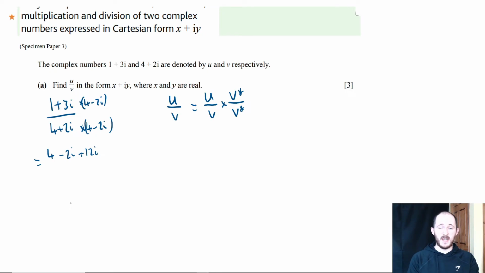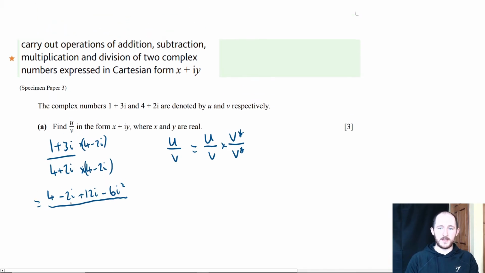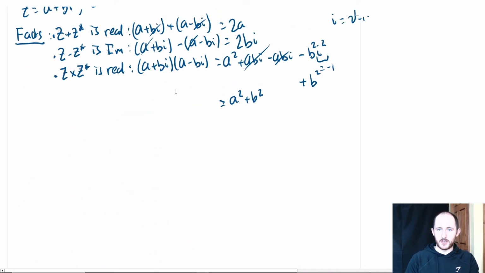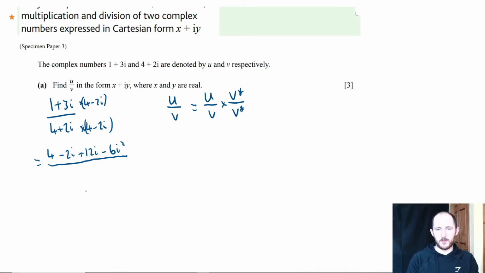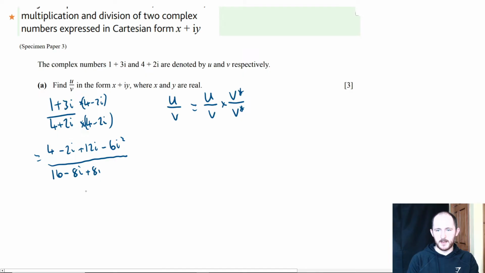And again, now you're basically just treating i as algebra. And then you have minus 6i squared, with the exception of this 6i squared bit. And this is divided by, well, we should know already from our previous expression, you're just going to get a squared plus b squared. But we'll do it properly. 16 minus 8i plus 8i minus 4i squared.